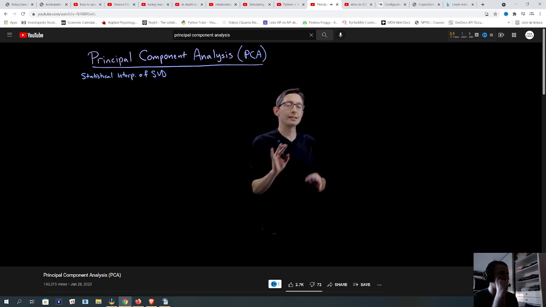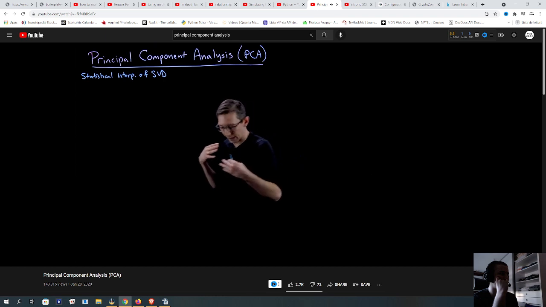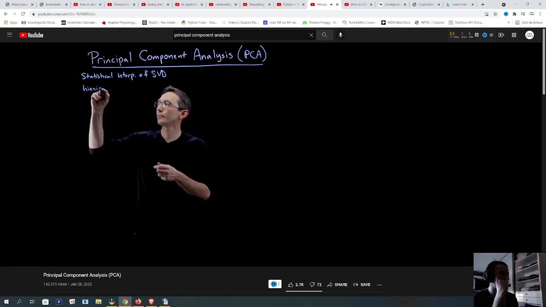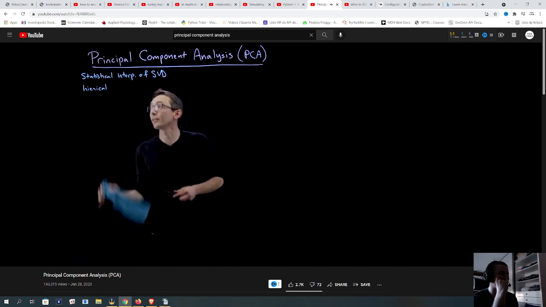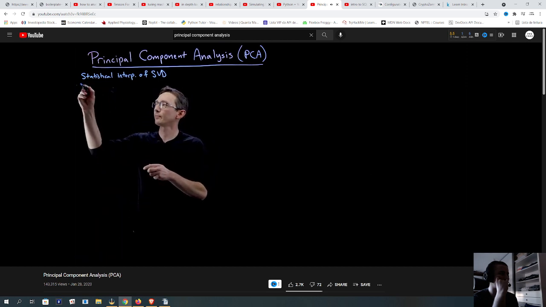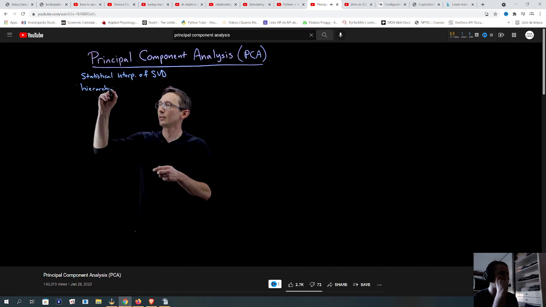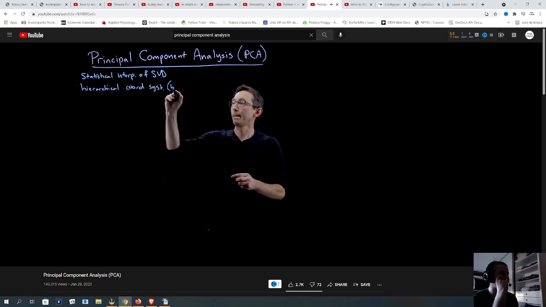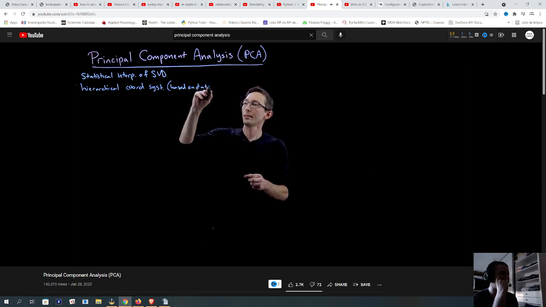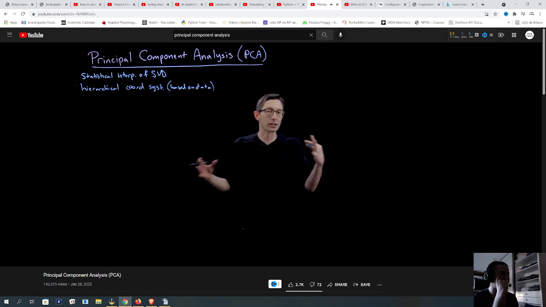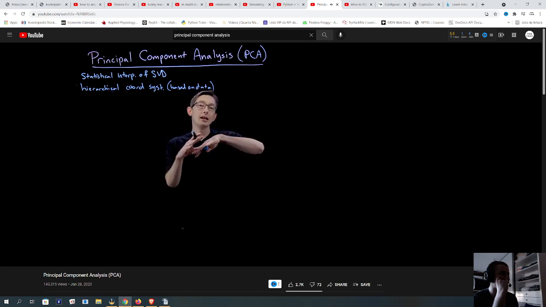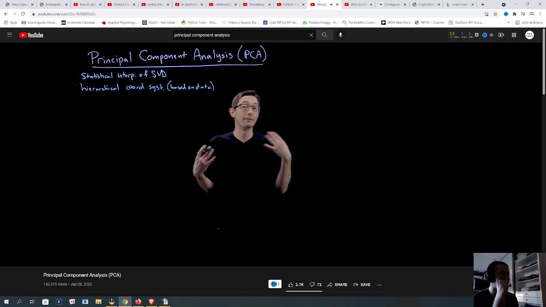And principal component analysis is in particular going to provide us with a data-driven hierarchical coordinate system, based on data, to represent the statistical variations in your data set. So it's a coordinate system based in terms of directions in your data that capture the maximum amounts of the variance in your data.